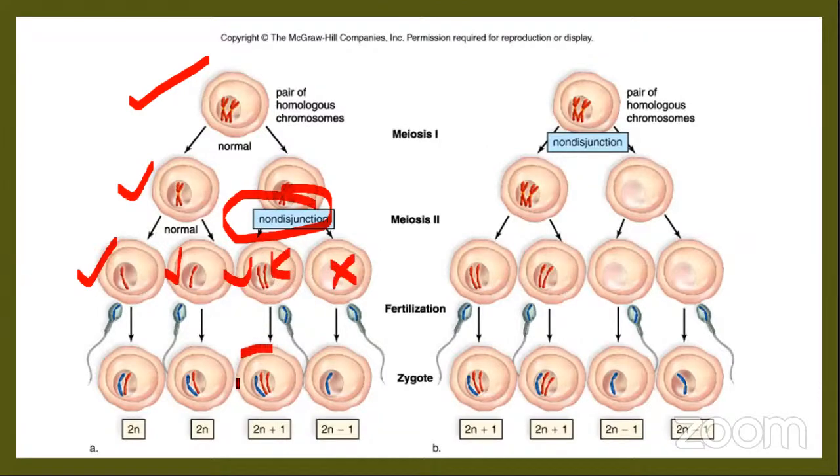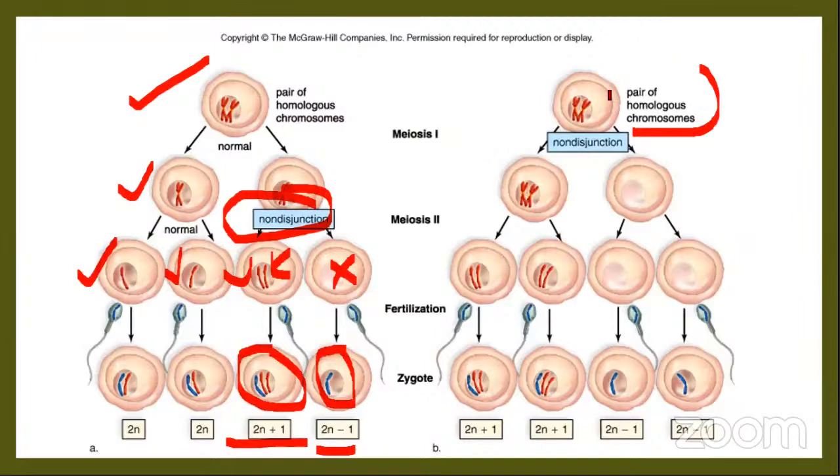So one gamete has become 2n plus 1. There is a loss of one chromosome and a gain of one extra chromosome. The loss or gain of a chromosome both lead to an abnormal condition, and it can trigger disorders in the body.